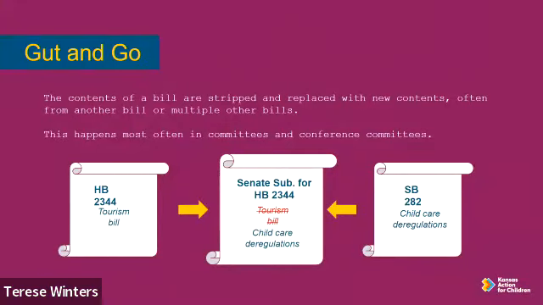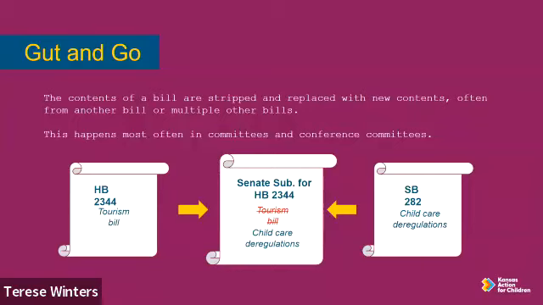So one that is particularly tricky is called the gut and go. What this means is the original contents of a bill are completely stripped, either because that bill's contents have already been put into another bill, because that bill wasn't going to be acted on, or some other reason. And then the contents of another existing bill get put into that bill, and so that bill's number now has completely new contents.